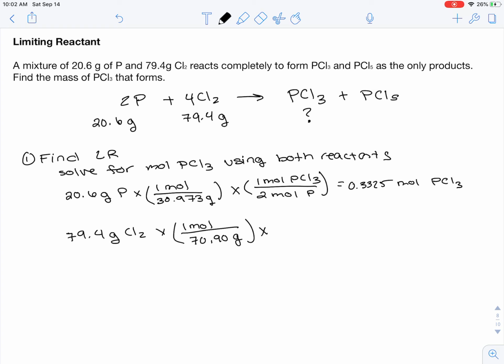Then, same thing as before, mole ratio. And then I have 79.4 divided by 70.90 divided by 4, which is 0.2799.